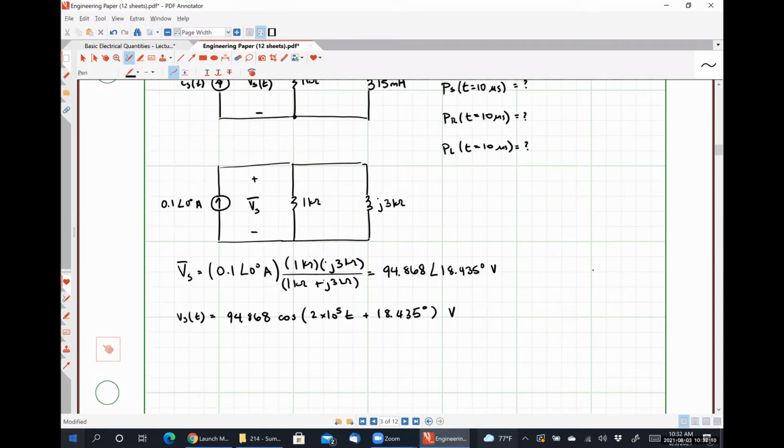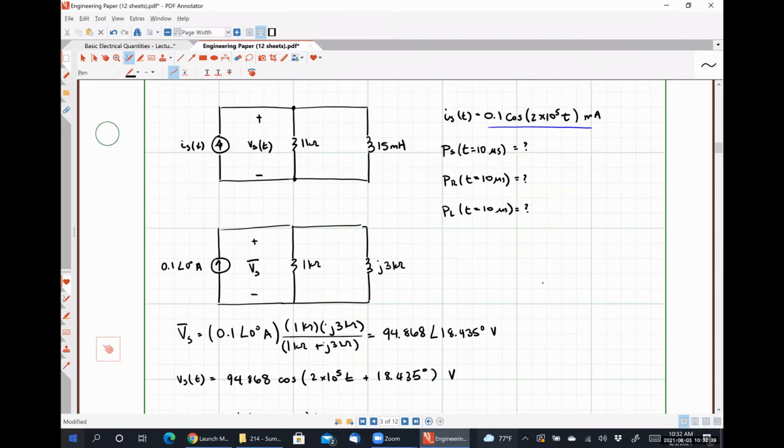So in that case, PCS as a function of time will be 1/2 times the magnitude of the voltage, which is 94.868 volts, times the magnitude of the current, which was 0.1 amps.